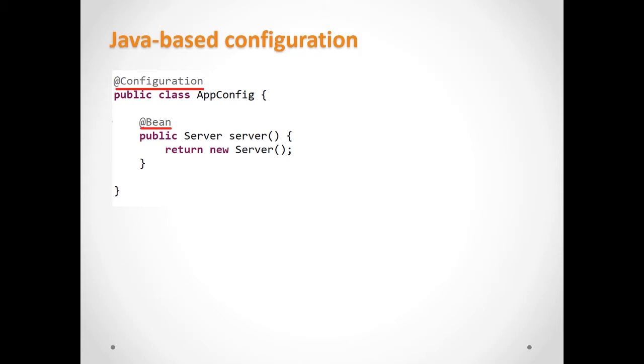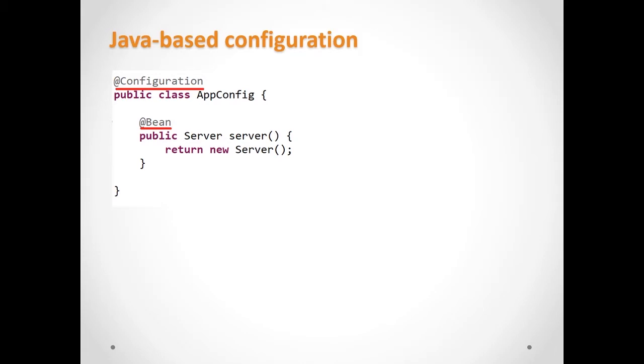In Spring 3, there was a new configuration type called Java-based configuration. So now you have a special annotation called Configuration, and you can declare your Spring beans using a new approach. You should declare a new method and put the Bean annotation on it. And Spring will search all the configuration classes, find all the methods with the Bean annotation, and declare them as Spring beans. What is the advantage of this approach?